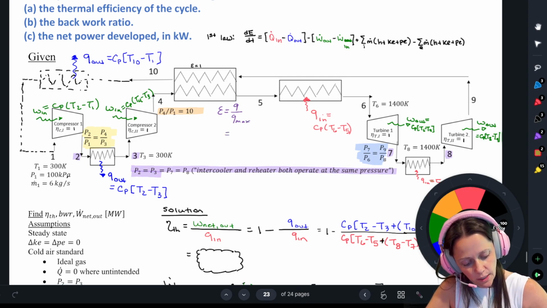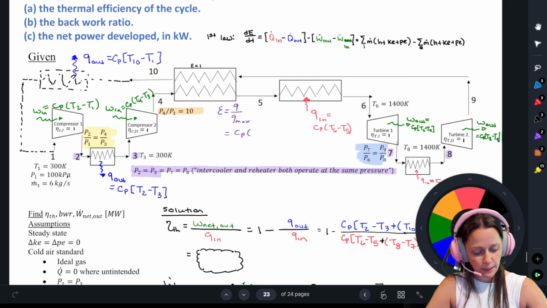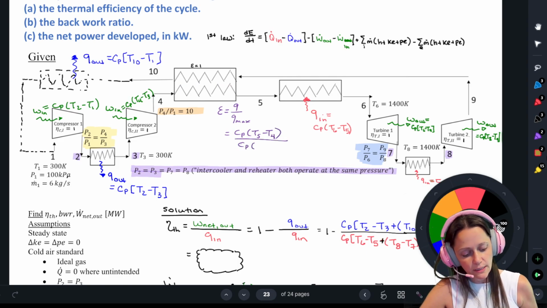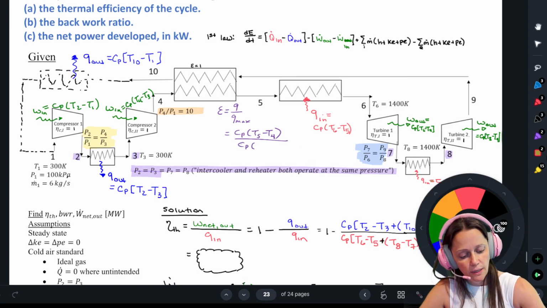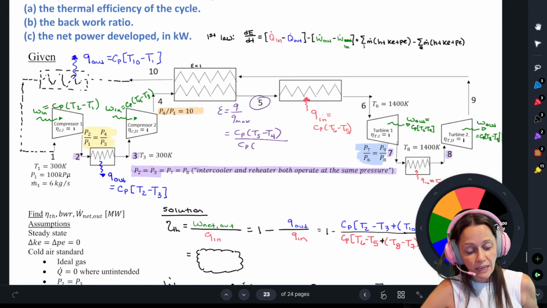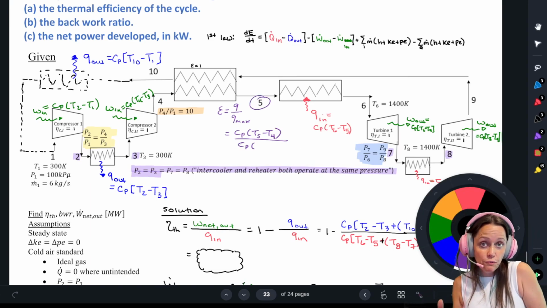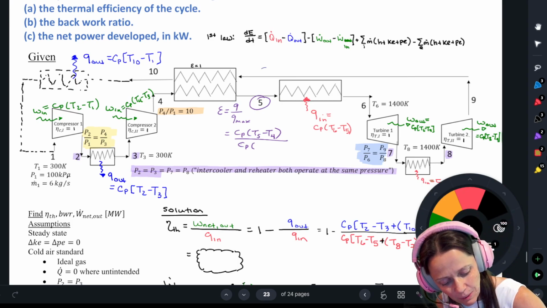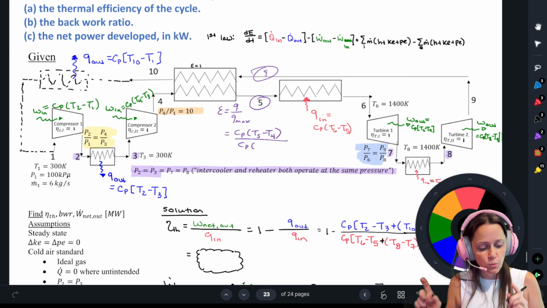Which is CP times, looking at this guy, it's going to be T5 minus T4 over CP times the temperature that this guy would be if he were at the maximum temperature, if he'd heated up all the way as hot as he could get. And that's the same as this temperature right here, which is T9.